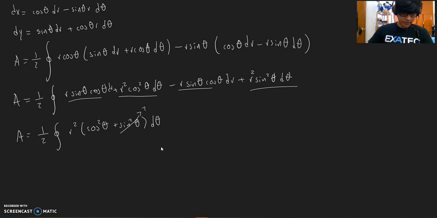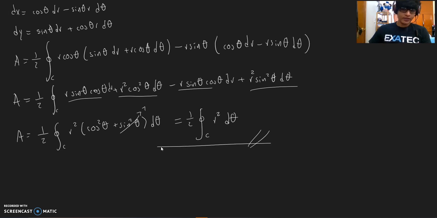However, this is 1, and hence the result will be 1/2 of the line integral over the closed curve of r squared d theta.